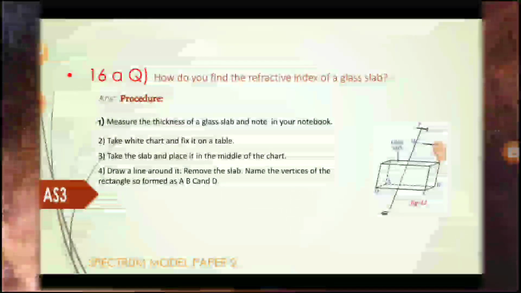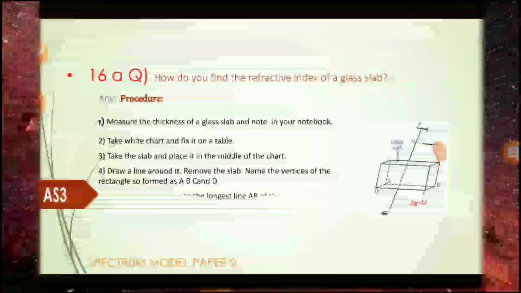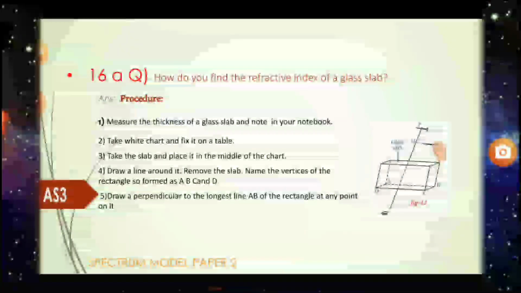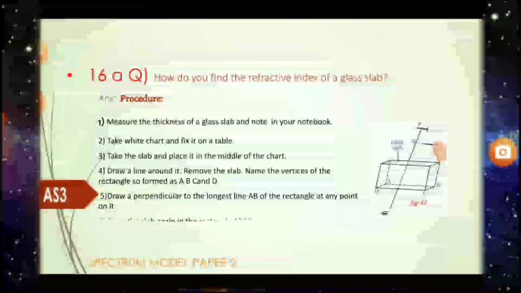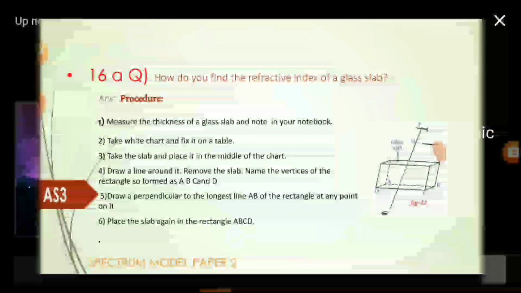Remove the slab. Name the vertices of the rectangle so formed as A, B, C, and D. Draw a perpendicular to the longest line AB of the rectangle at any point on it. Place the slab again in the rectangle ABCD.